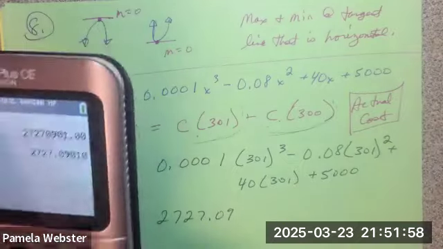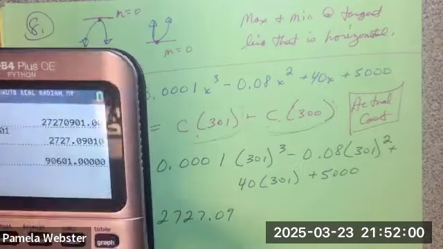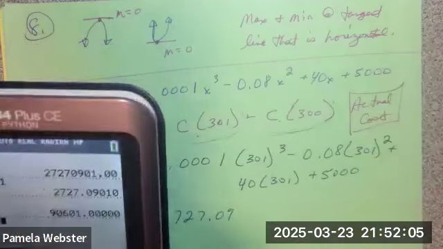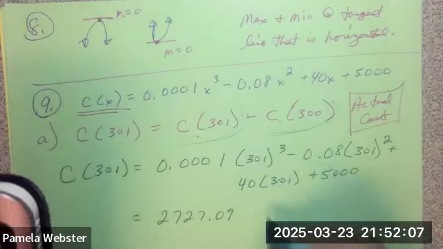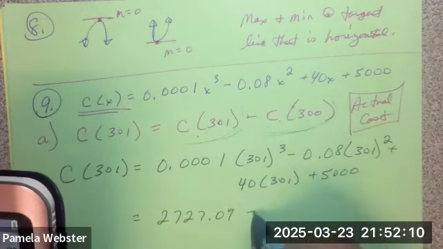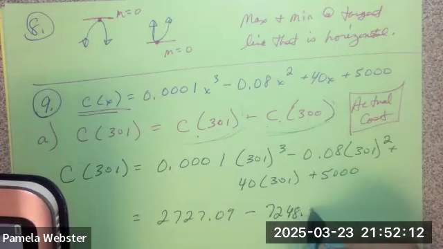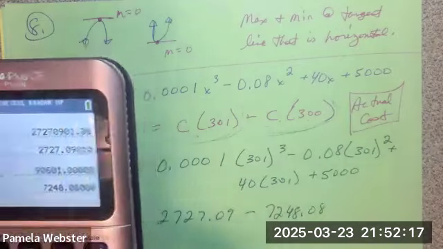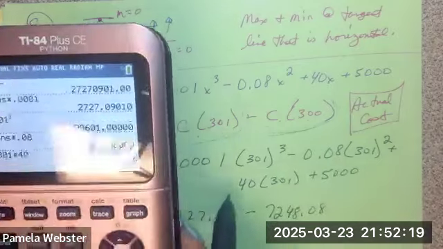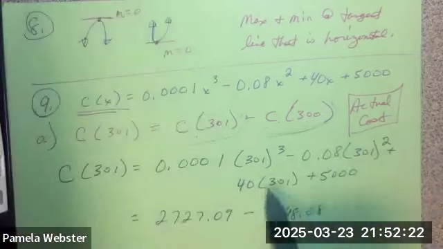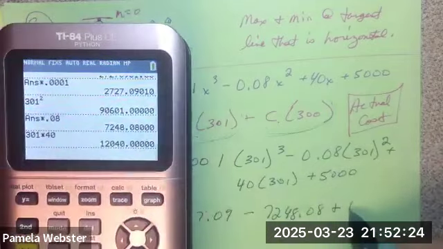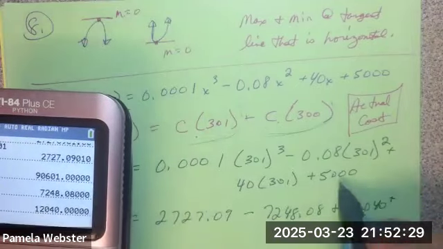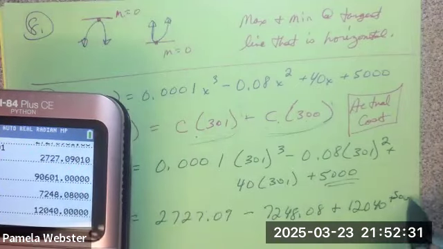Then 301 squared: I do the exponent first, then multiply it by 0.08, and that's a minus, so minus 7,248.08. And then finally 301 times 40, and that is a positive 12,040, no cents. And then I also have plus this 5,000 sitting back there, right?